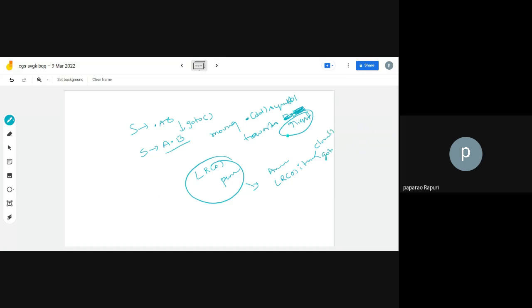Closure means adding the B productions if B is the immediate non-terminal after the dot, and goto means moving the dot symbol towards right. After finding all these, we construct the DFA, and after constructing the DFA, we can construct the parse table. In the next class I will explain how to construct the parse table.